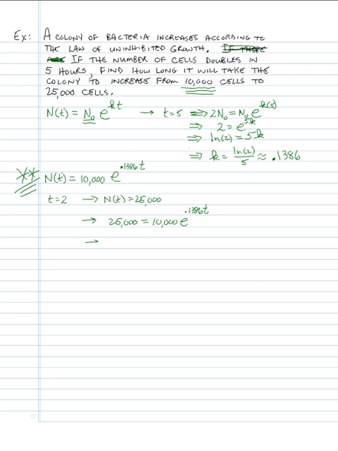And so we'll divide on both sides by 10,000. And when we do, this is what it will look like. e to the power 0.1386 t. Now 25,000 over 10,000, I don't really need to simplify that, but I can without a great deal of difficulty, so I think I will.